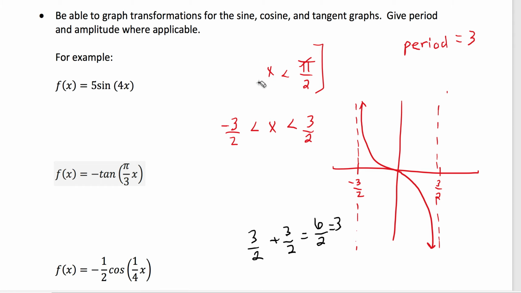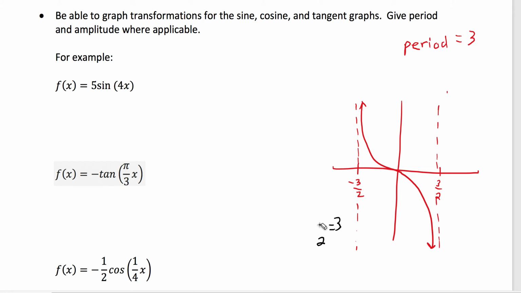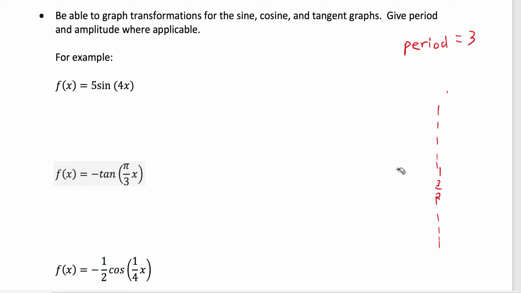Okay, so then let's look at the last one. The last one goes back to a cosine graph. All right, so cosine graphs plot the interval between 0 and 2 pi, just like the sine did. I know that I'm going to have a change in the period because I have this 1/4 sitting in the front, so I'm going to start there.